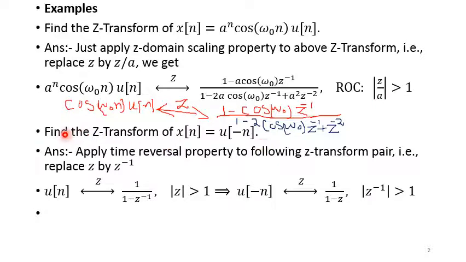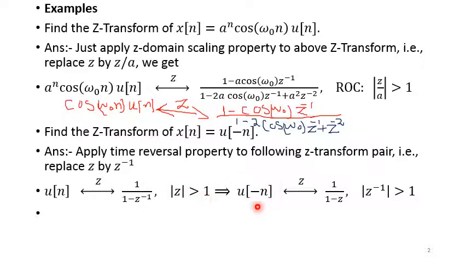Similarly, we have another example. We have x of n equal to u of minus n. So you have learned the time reversal property. u of n has Z transform 1 over 1 minus z power minus 1, and it has region of convergence of absolute z greater than 1.